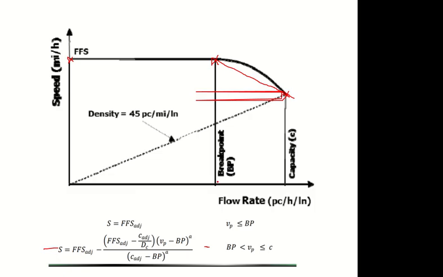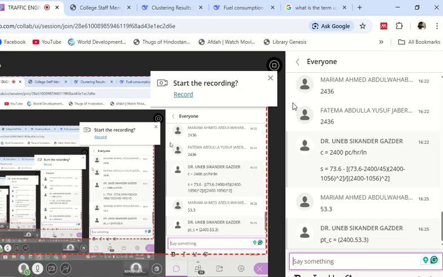Okay, my breakpoint was 1056. My capacity is 2400. So anything between them can be on this curve. Okay, so I will take, for this example, 2 more points. Okay, so I can plot a curve.